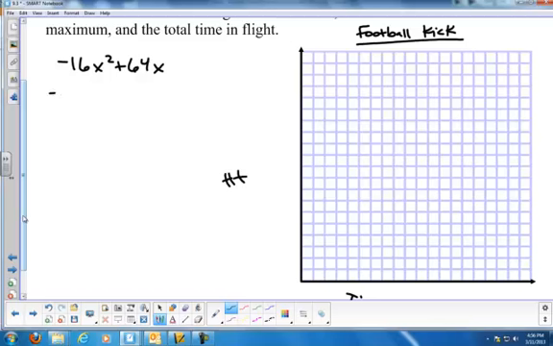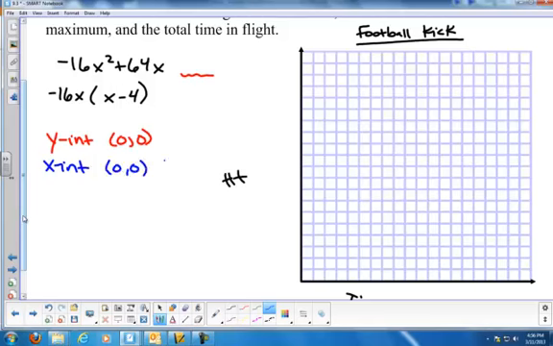We could take a negative 16x out, and we would be left with x minus 4. That might be a nice place to start. So we know that our y-intercept is 0, because when you plug 0 in, there is nothing right there. We know that our two x-intercepts are 0 and 4.